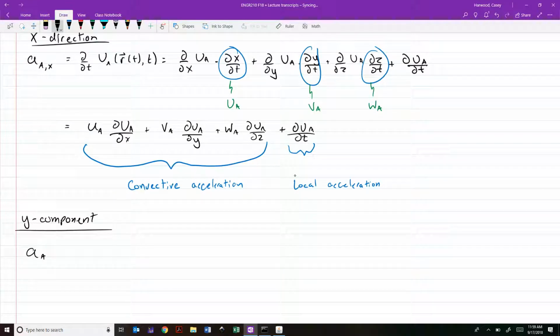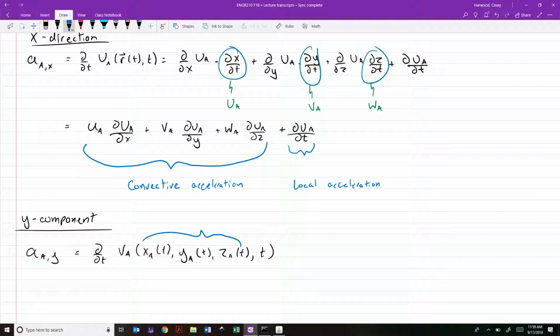So a_y, d/dt of v_A, which I'll write this one out slightly differently, as v_A(x_A, y_A, z_A, t). So same idea, but now I've taken these x, y, z and split them out so it becomes a little more obvious that those make up r.